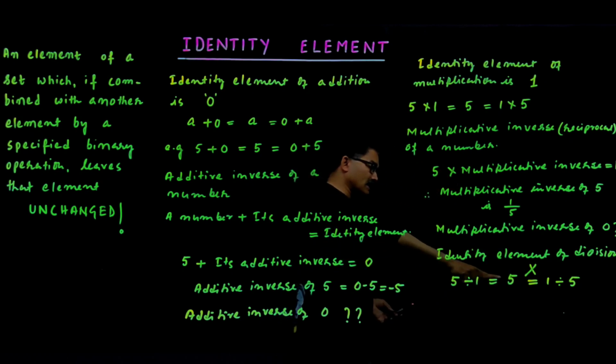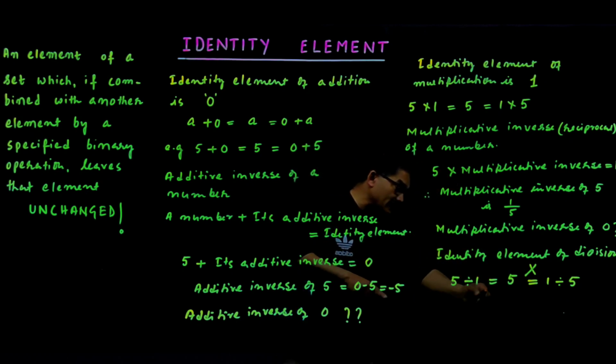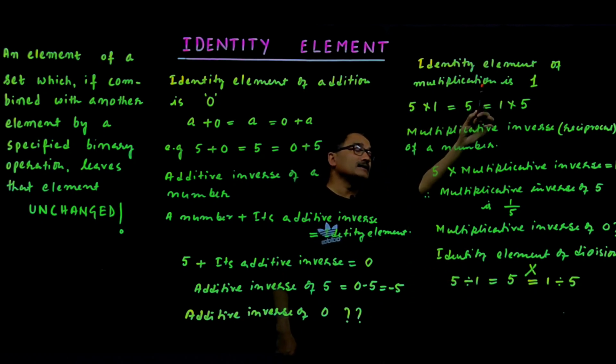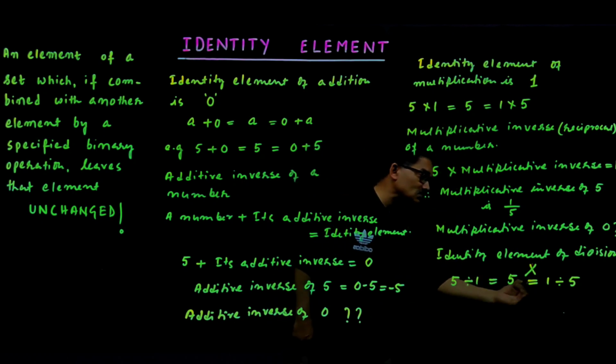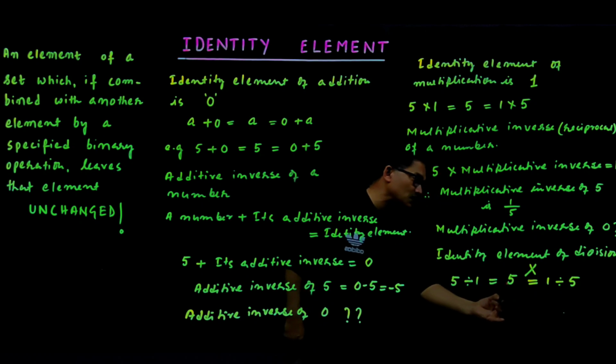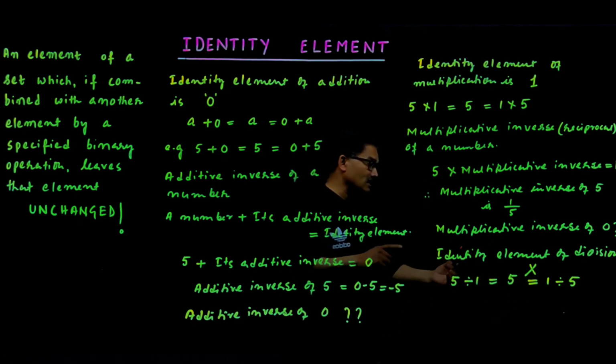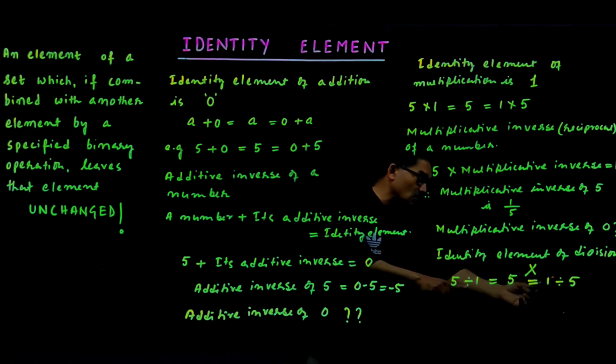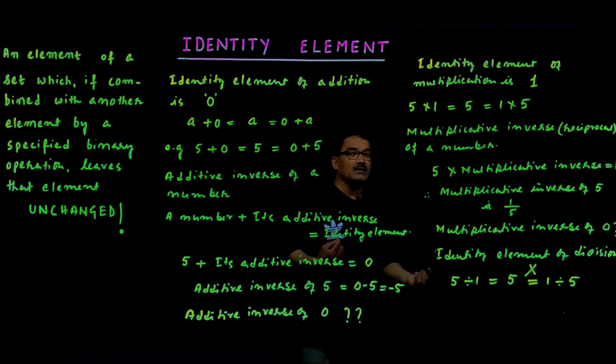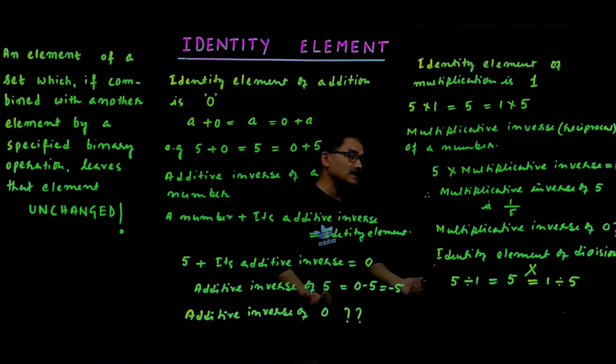5 divided by 1 gives you 5 does not make 1 the identity element of division, because 1 divided by 5 will not give you 5. It is 1 upon 5. And that is simply because the commutative property does not hold good in case of division. 4 divided by 2 and 2 divided by 4 are not the same thing.